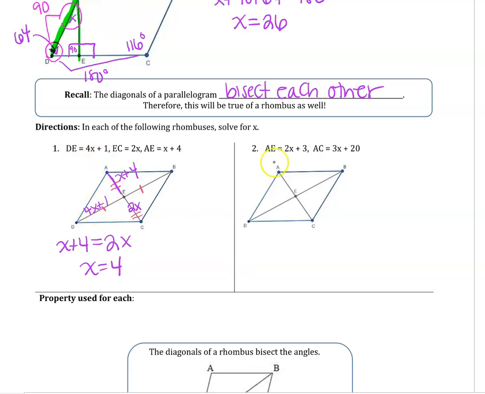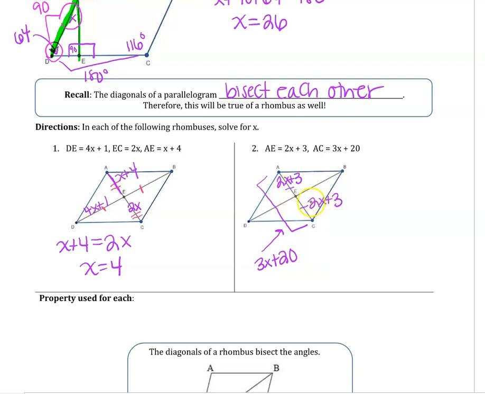All right, so likewise over here, AE is 2x plus 3. AC, which is the whole diagonal, is 3x plus 20. Now, since the diagonals of a rhombus bisect each other, that means that EC must also be 2x plus 3, because E is the midpoint.